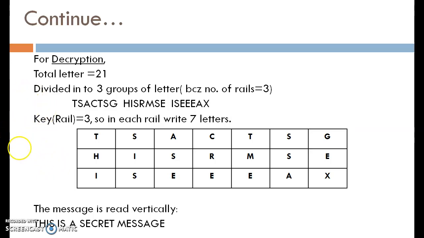Now reading it vertically, our plaintext is THIS, then IS, A, SECRET, MESSAGE. So that is our plaintext that we get through the decryption algorithm of the rail fence cipher.